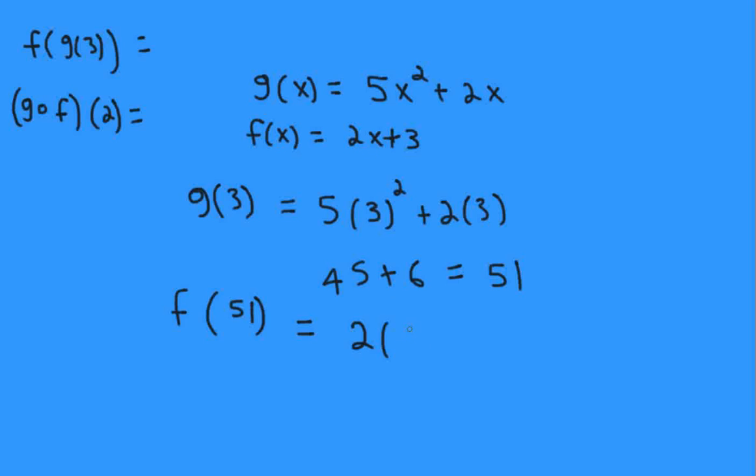So we have 2 times 51 plus 3. And 51 times 2 equals 102. And you add 3 to that, and you get 105. So that's our answer for f of g of 3.